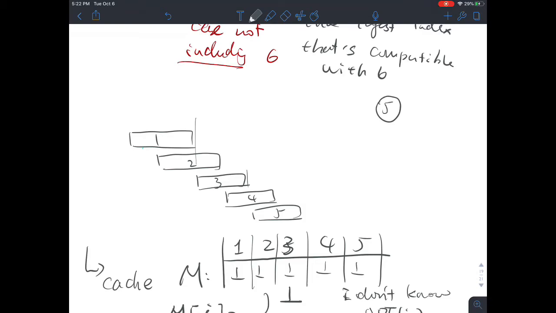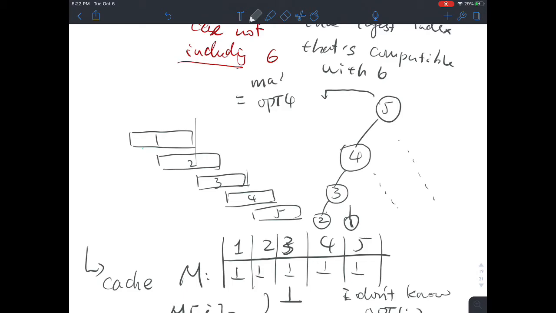Our recursion starts with the 5th node and recurses to the 4th, the 3rd, 2, 1. This is how the recursion works. There are also other things waiting to be expanded, but when I want to compute opt5, it's equal to the max of opt4 and opt3 plus W5.